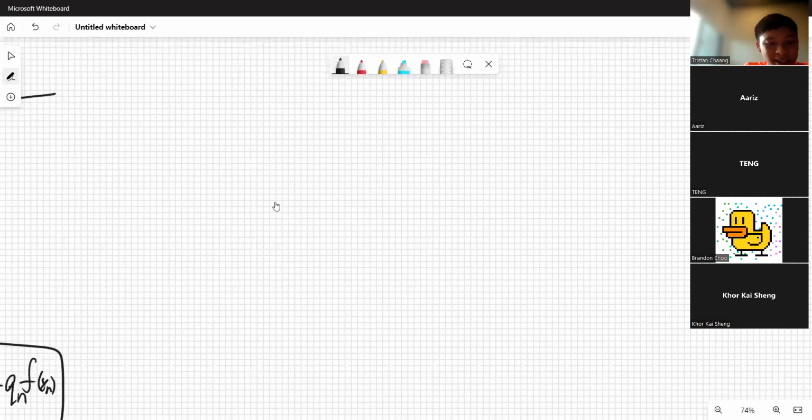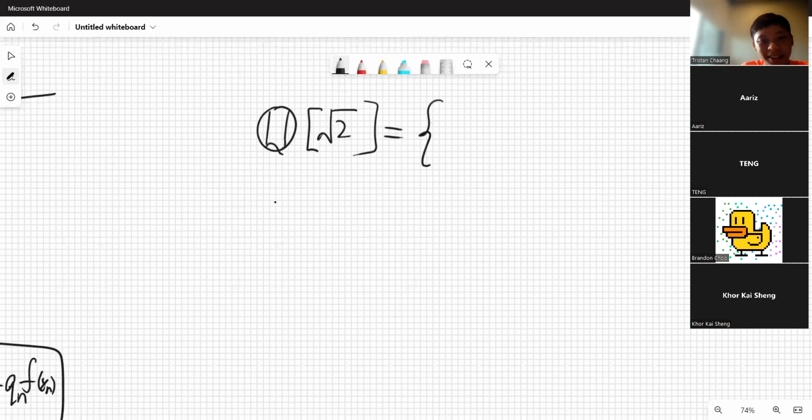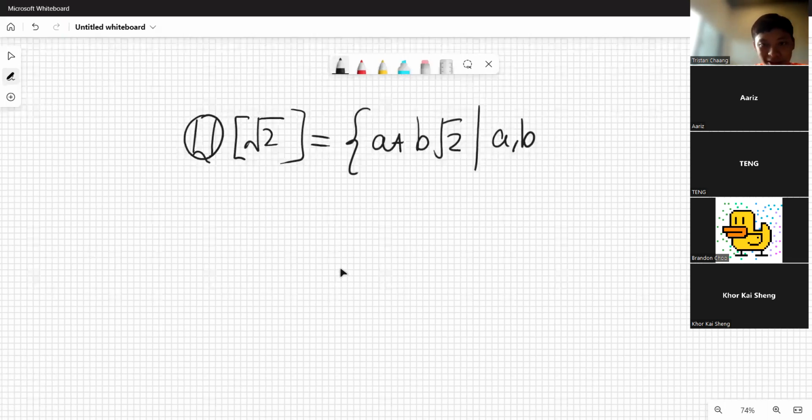So instead of looking at R, which is a very large set, let's look at the little set Q, and then I add this thing at the back. So this means the set a plus b square root 2, where a and b are rational.